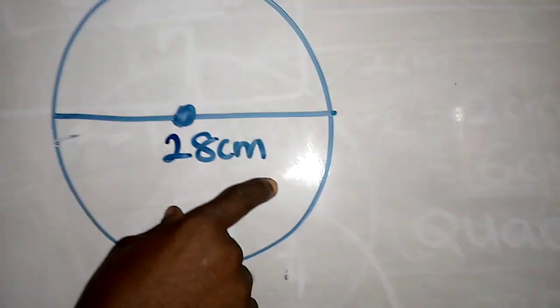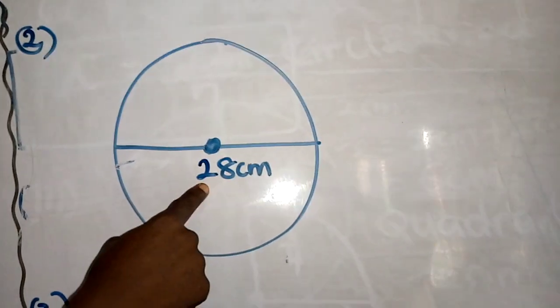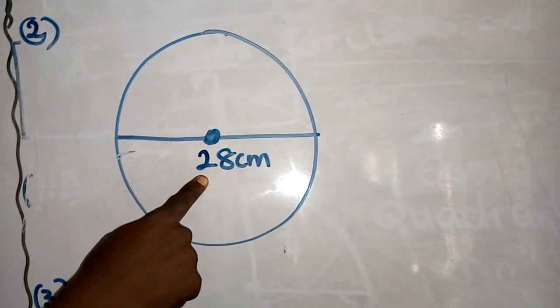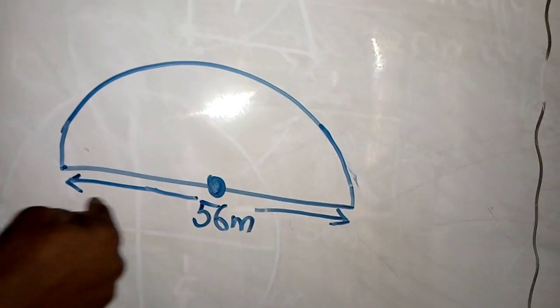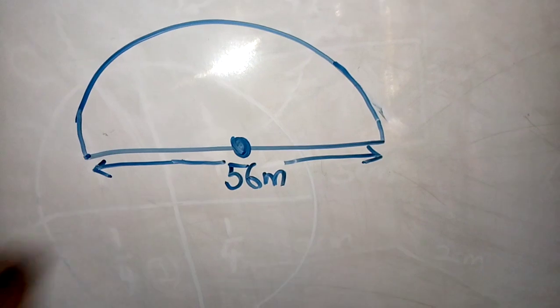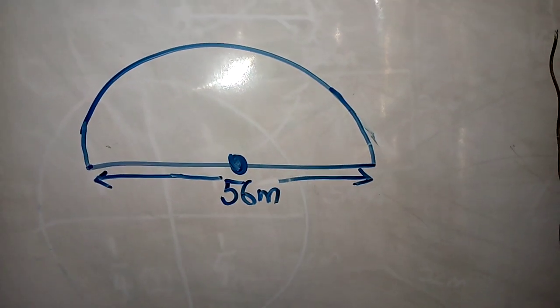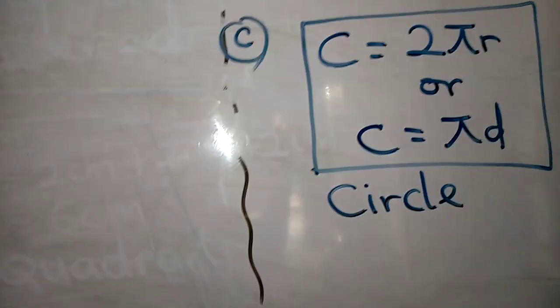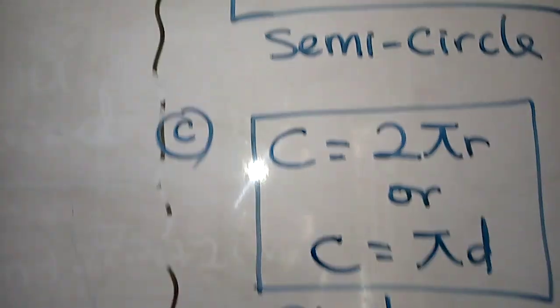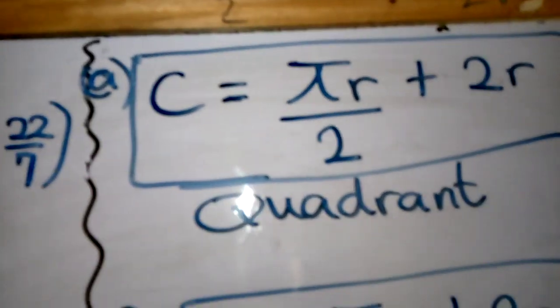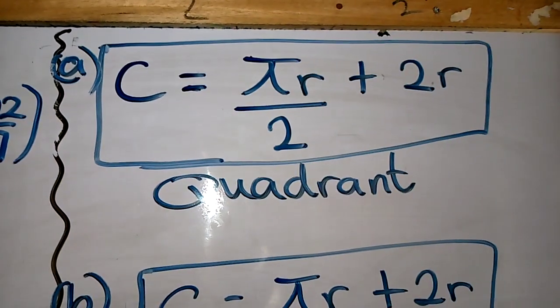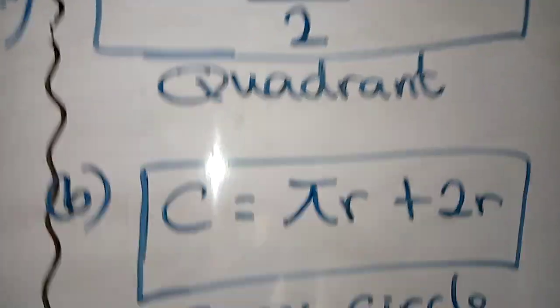Here, this is a circle. The diameter is 28 centimeters. This is a semicircle where the diameter is 56 centimeters. Use the suitable formula to solve any of the following.